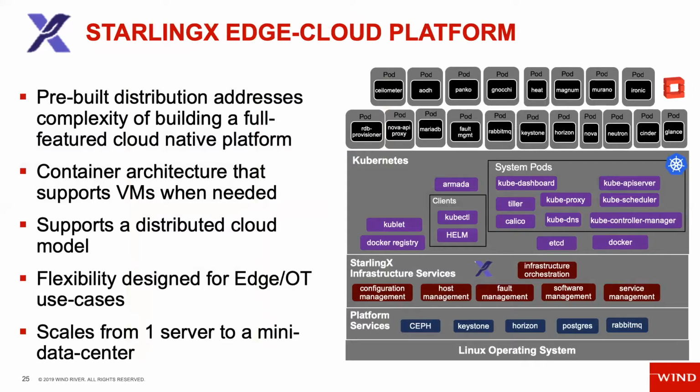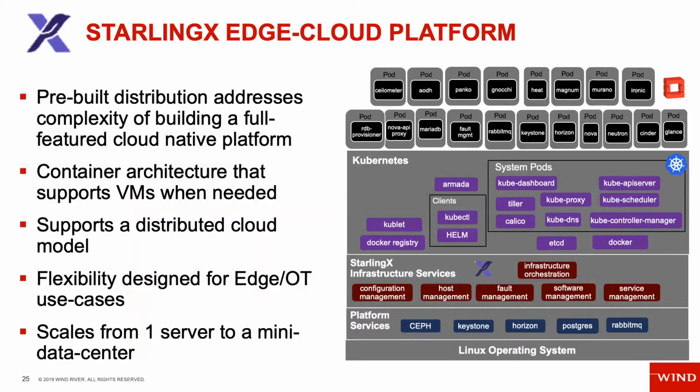So if you recall just a few minutes ago, I showed an architecture that had a Kubernetes platform, container-based platform, and then it was running OpenStack services in containers. So that's really what this is showing here. It's a pretty complex block diagram, I understand.